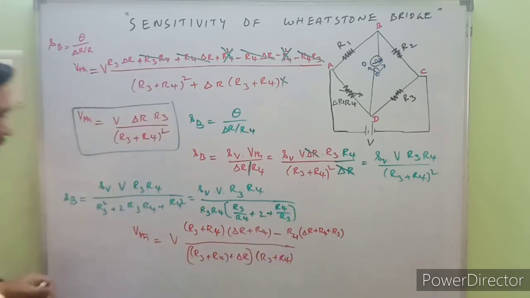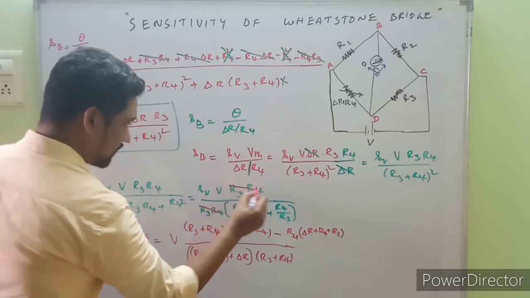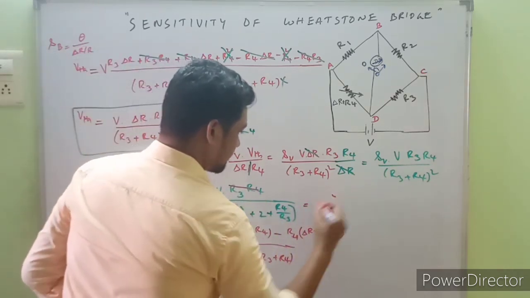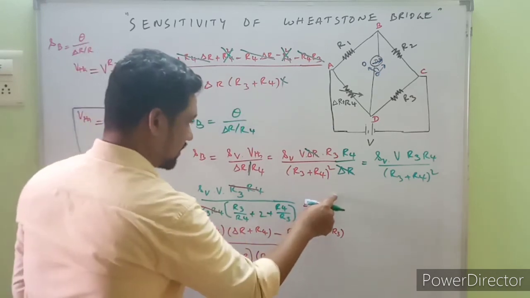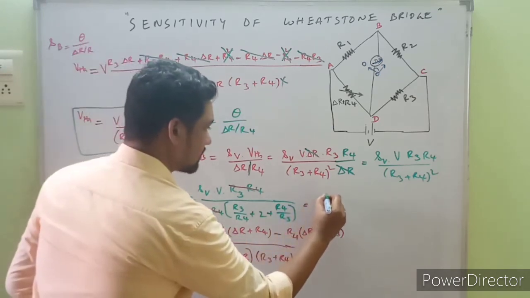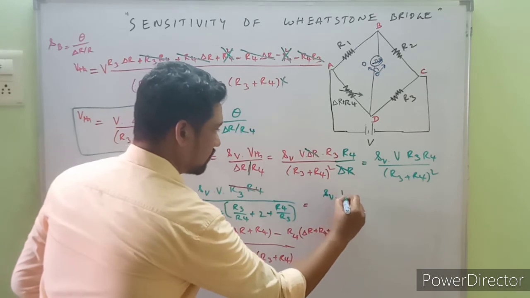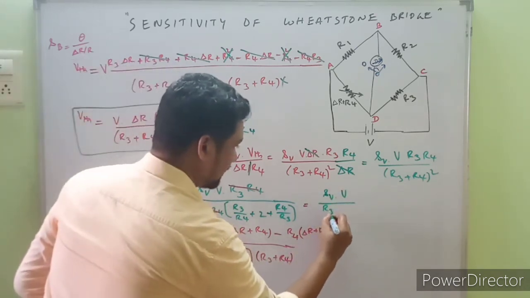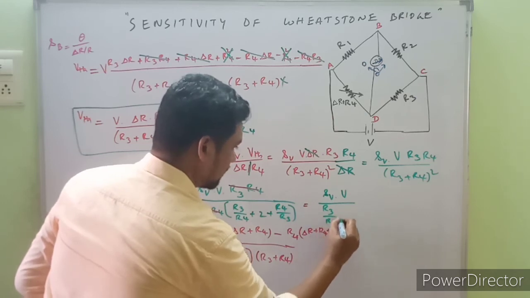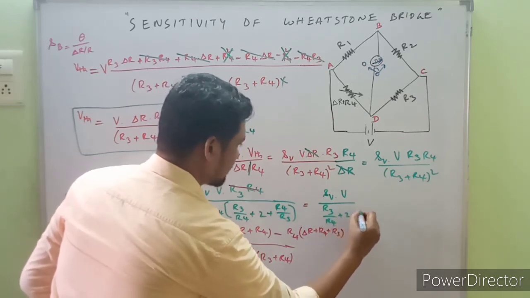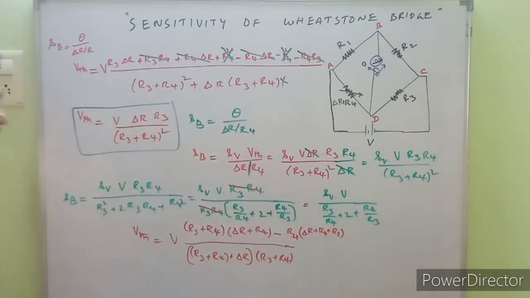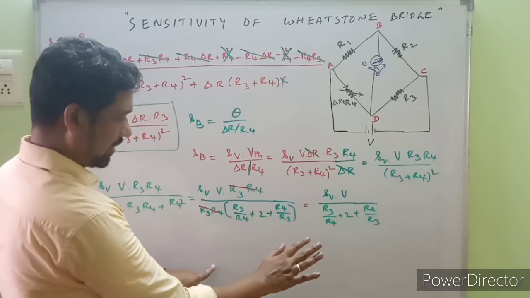And something gets cancelled, right? Here R3 R4 gets cancelled. We are left with SV into V upon R3 by R4 plus 2 plus R4 by R3, right? The final expression, we cannot have any simplification.